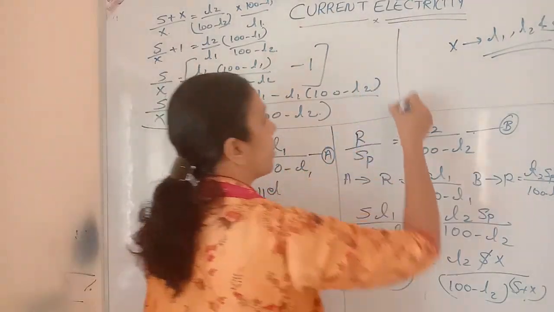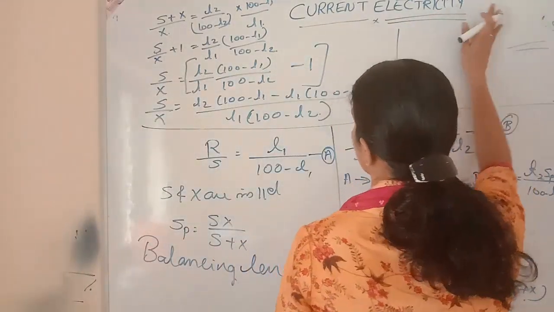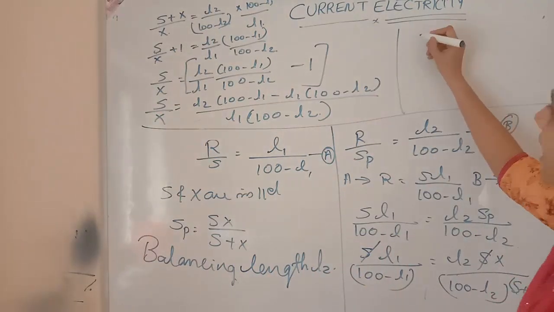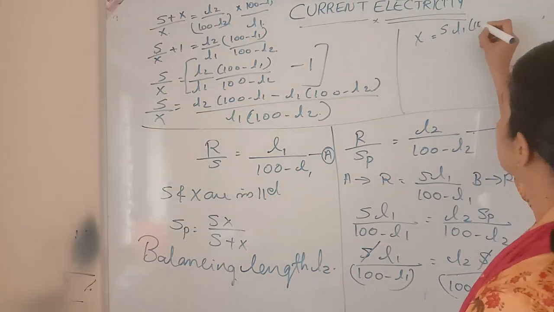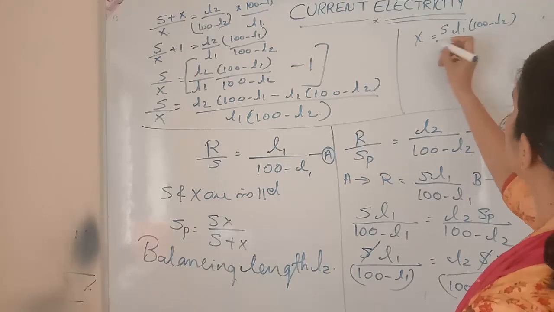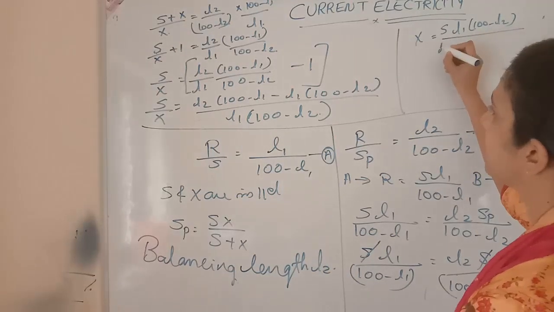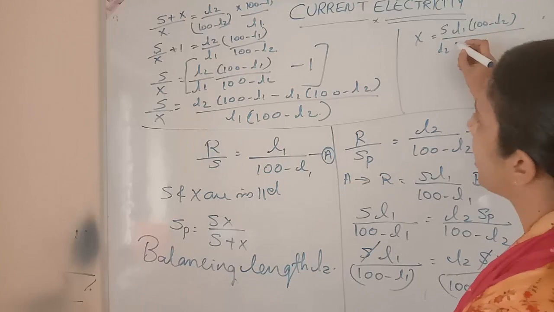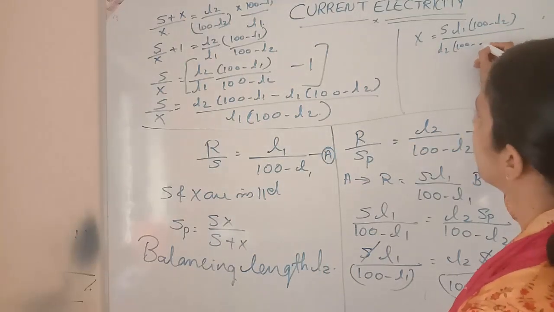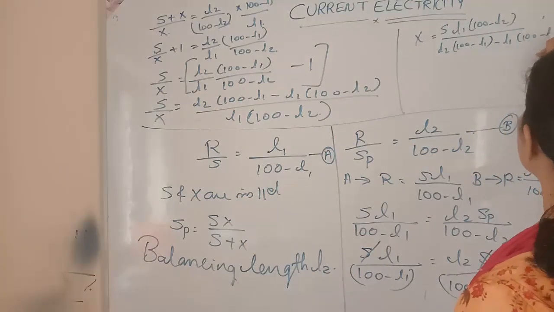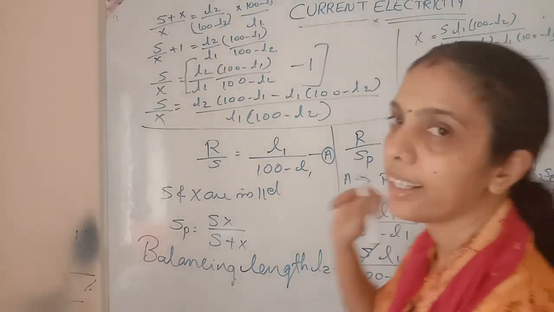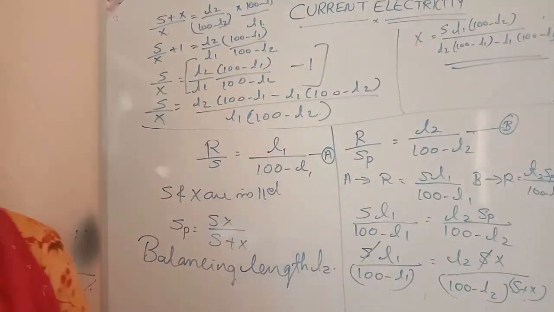Now we can write down x as: x is equal to S L1 into 100 minus L2, divided by L2 into 100 minus L1, minus L1 into 100 minus L2. Okay, clear? So this is how we will be solving this equation.